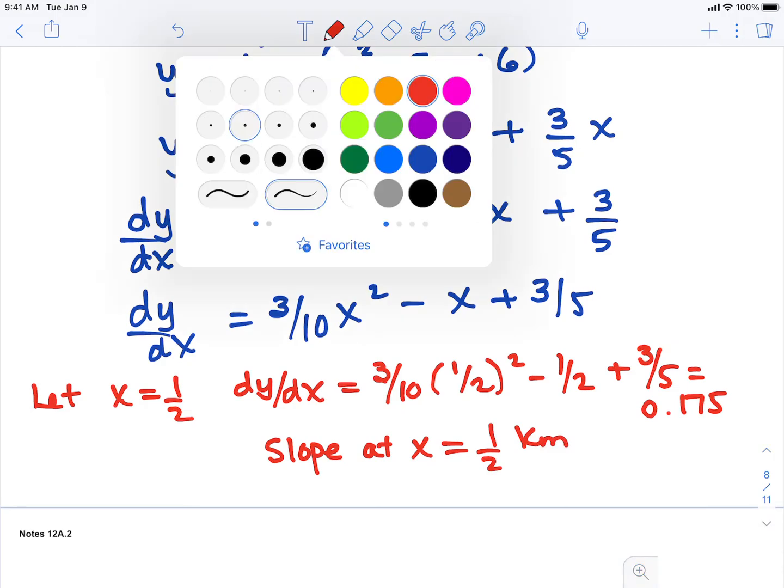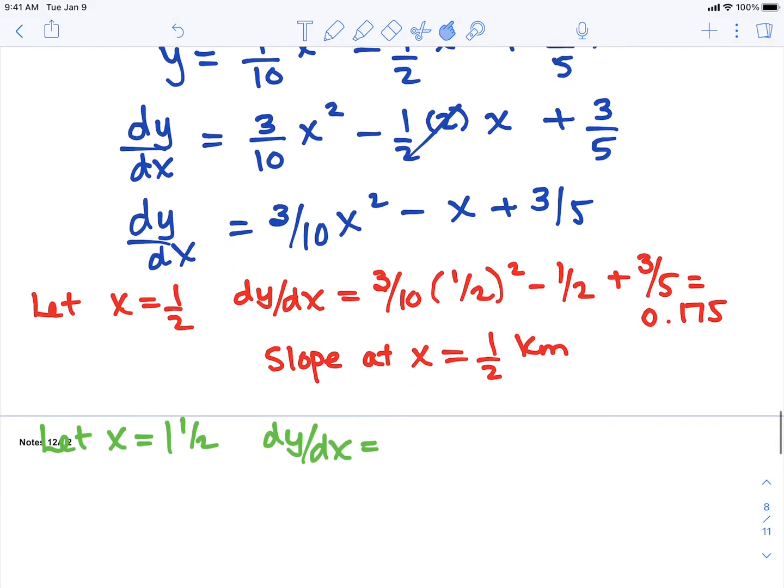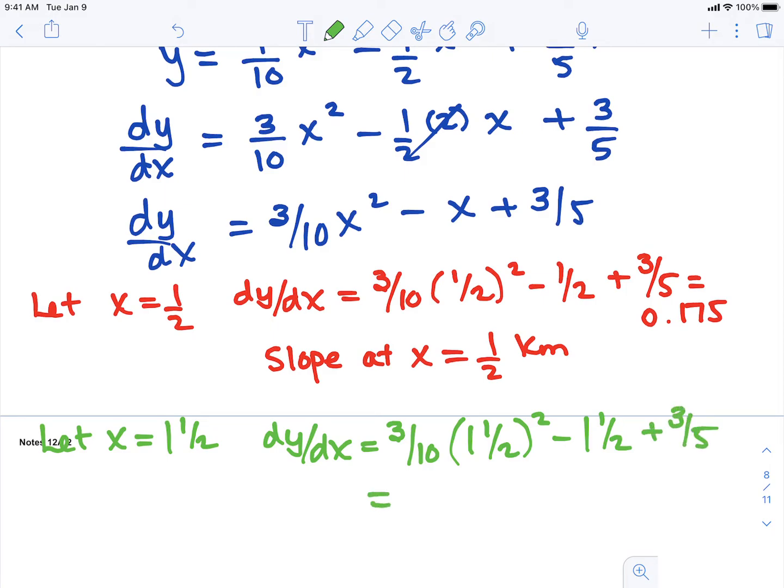Now we're going to find x equals 1 1/2 in the derivative function, and then use our calculator. What we get when we're done simplifying is negative 0.225.